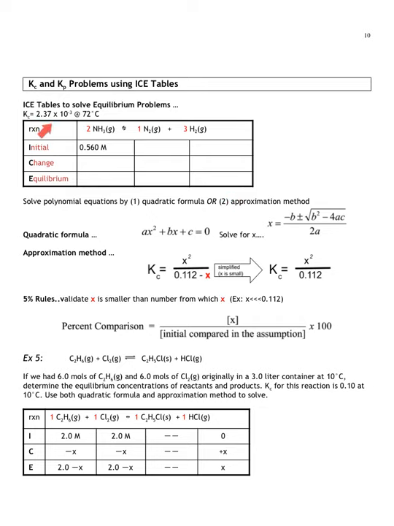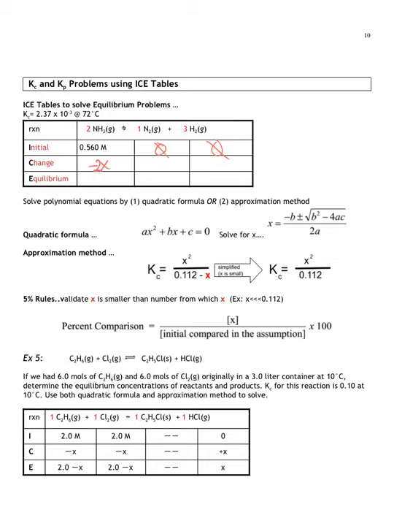And so here is an example of how to work through an ice table. So oftentimes in equilibrium, you start off with initially a certain amount of reactants. You don't have any products. So 0, 0 for the products. Some change occurs where you're reacting some of the reactants, and of course, stoichiometrically, you consider how much of the reactants you form.